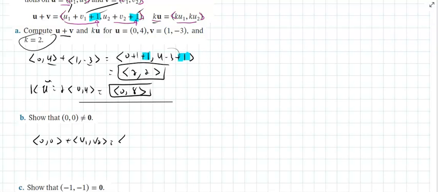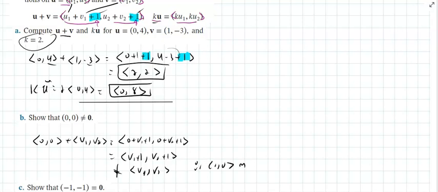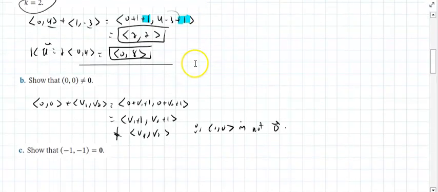That would be, according to the rule, 0 plus v1 plus 1, 0 plus v2 plus 1, which is v1 plus 1, v2 plus 1. But that is not v1, v2, right? So therefore, 0, 0 is not the zero vector, not for the space.